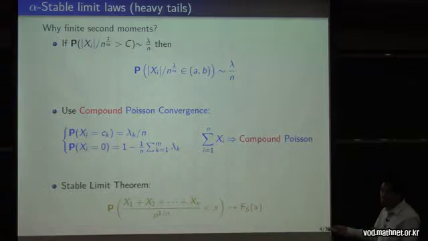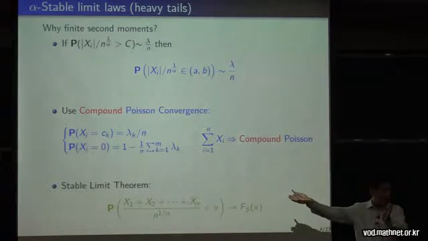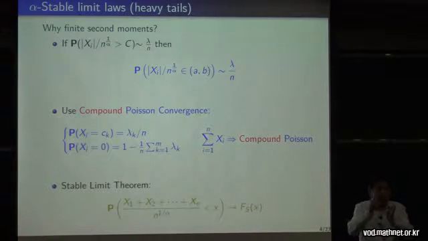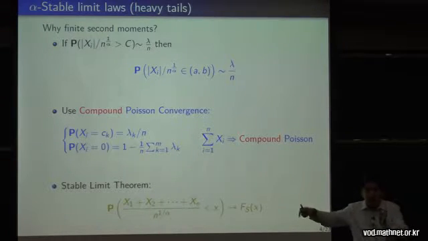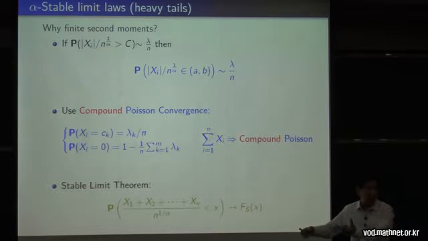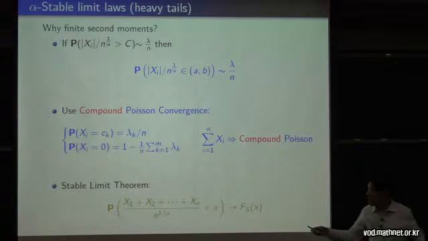And then, a general result: we can take the guys above c, we have a Poisson number that are bigger than c, divided by n to the 1 over alpha. And then for all intervals below c, we just kind of divide them up, and they're a Poisson number that land in each of those intervals. And we can take those intervals down to 0, and eventually eat up this whole sum.